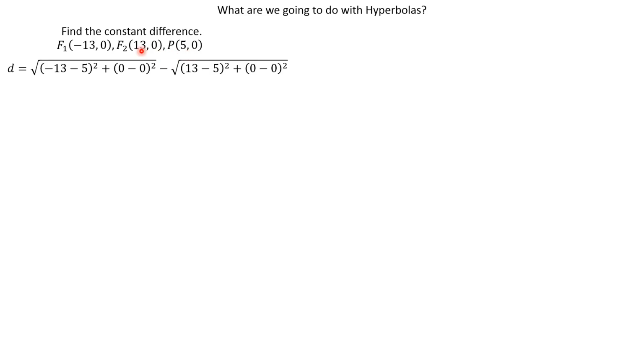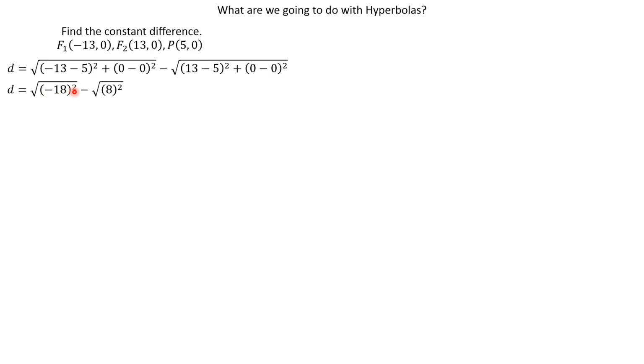So as we saw with the ellipses, we could just say, hey, negative 13 to 5, well, that's going to be 18. 13 to 5 is going to be 8. Those are the two distances. We'll find those this way too. Negative 13 minus 5 is negative 18 squared. Zeros are 0. Here, 13 minus 5 is 8 squared. Zeros are 0.